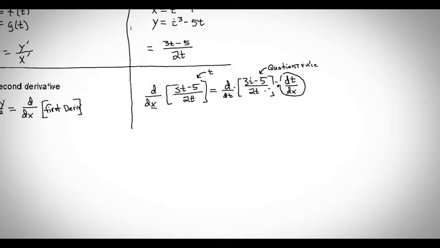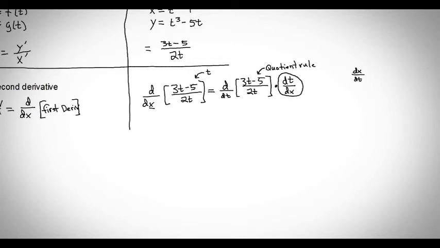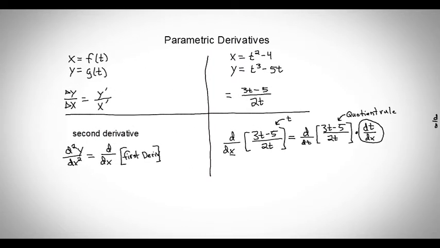Alright, so dt/dx. We don't know what dt/dx is, but we do know what dx/dt is. That is simply the derivative of x with respect to t, which we know we've done that already. It appears a couple of places in our work. It is right here, or simply x prime over here.